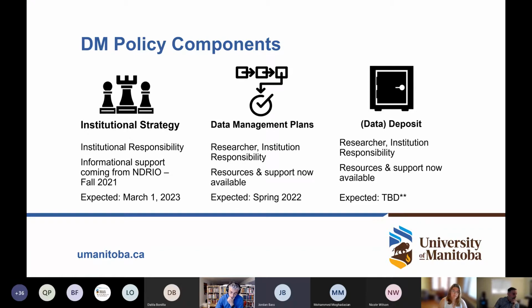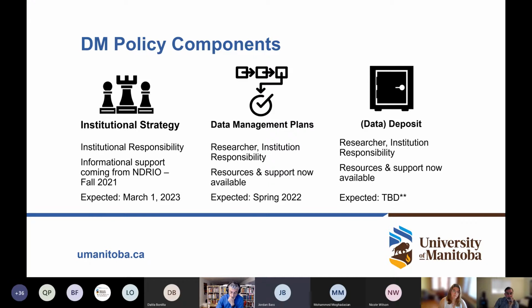So as for the components, there are three core components we'll be reviewing this morning, the first of which is the institutional strategy. Each post-secondary institution eligible to administer CIHR, NSERC, or SSHRC funds is required to create an institutional RDM strategy and notify the agencies when it has been completed. The strategy must be made publicly available on the institution's website with contact information to which inquiries about the strategy can be directed.